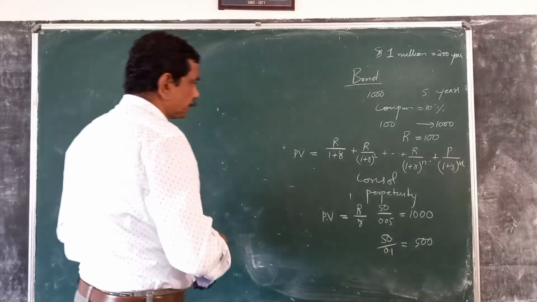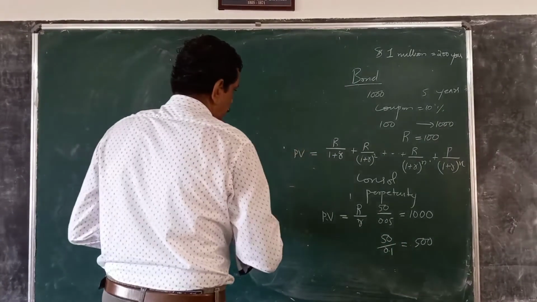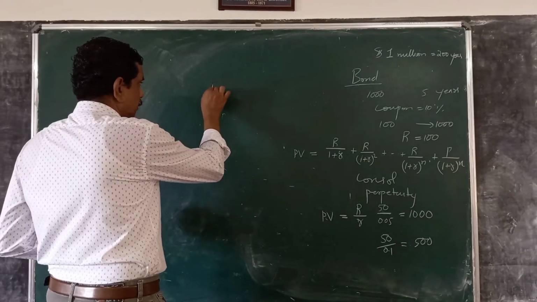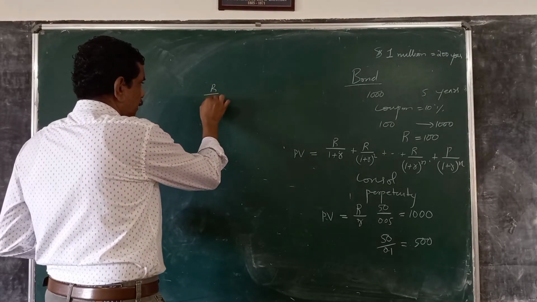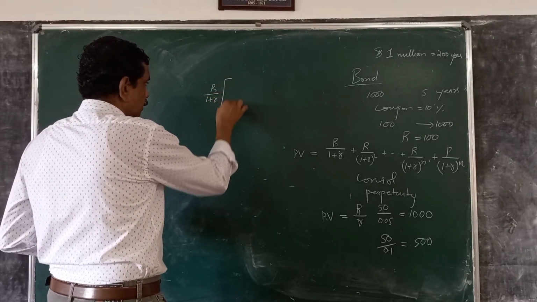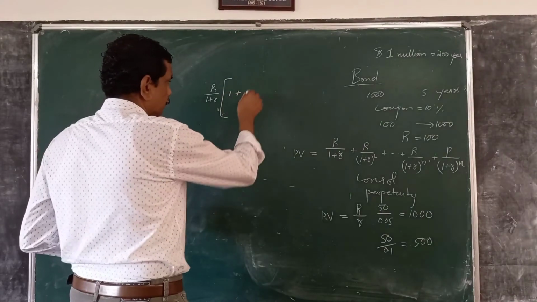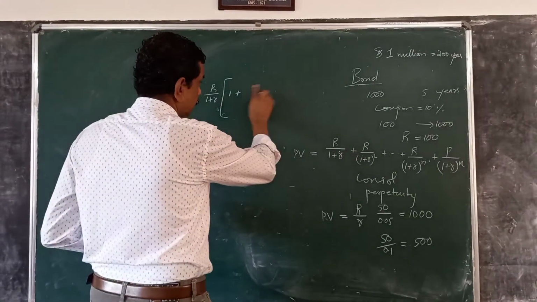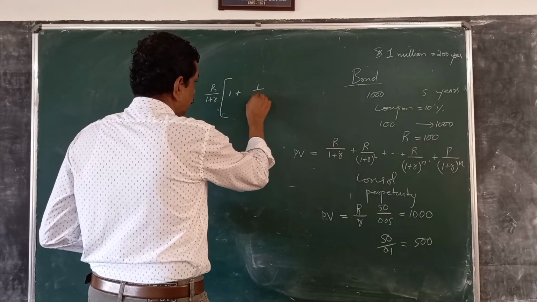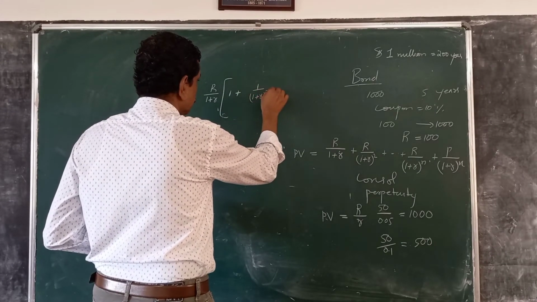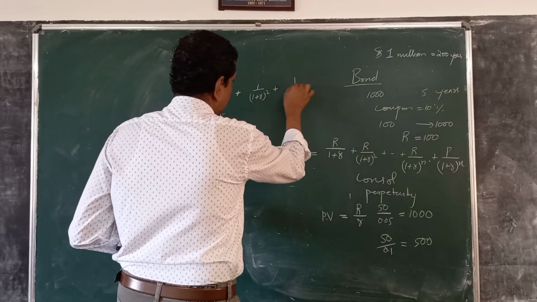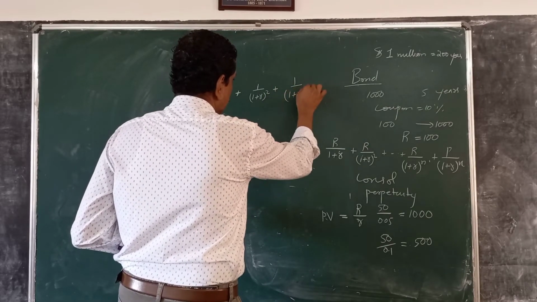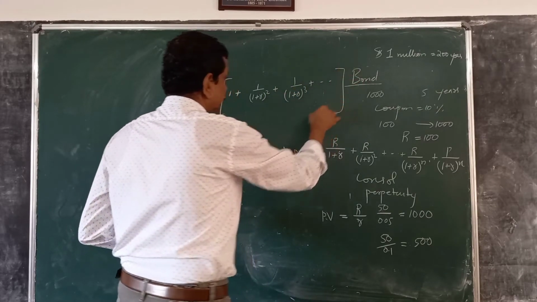Now, this formula can be written as R by 1 plus i into 1 plus 1 by 1 plus i plus 1 by (1 plus i) square plus 1 by (1 plus i) cube plus etc.